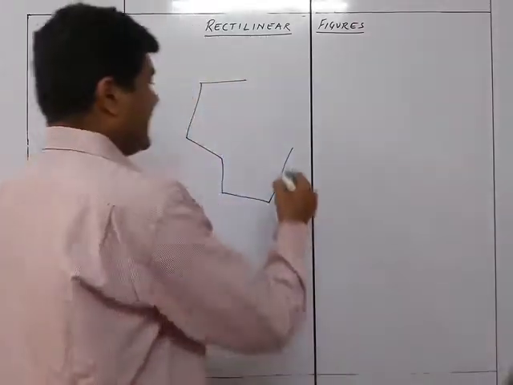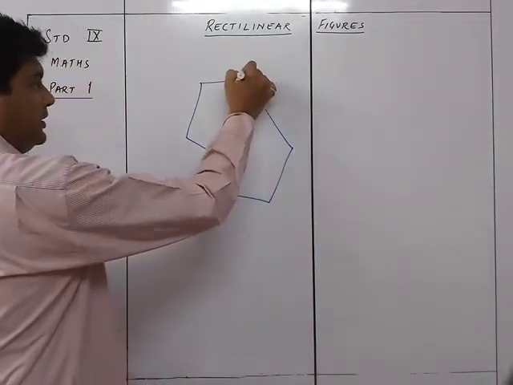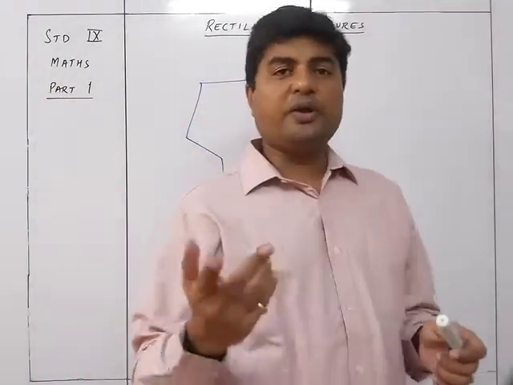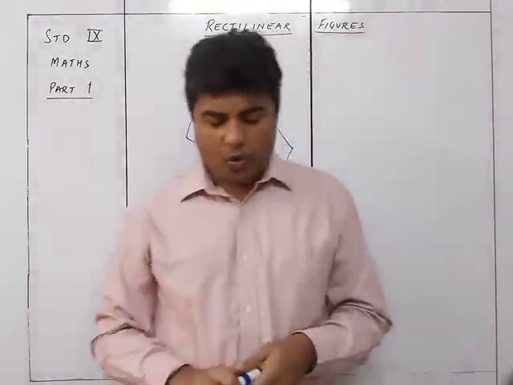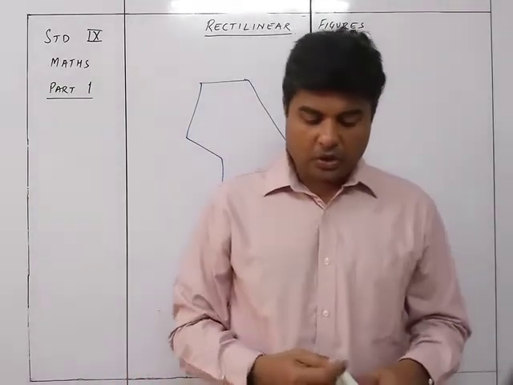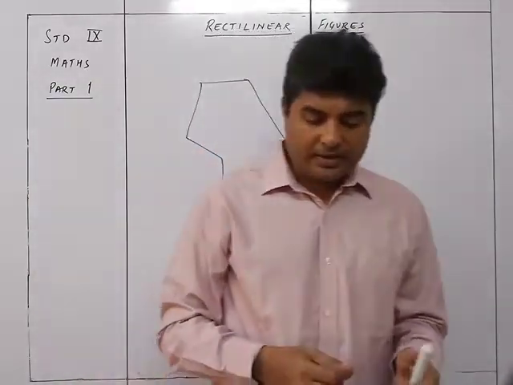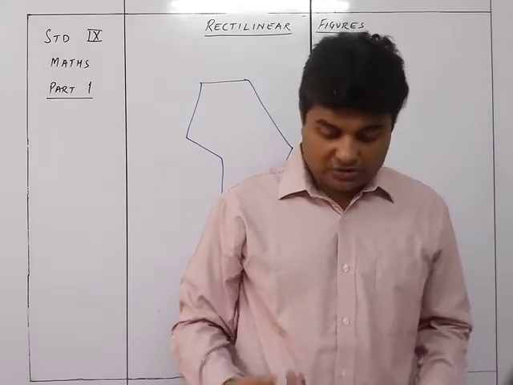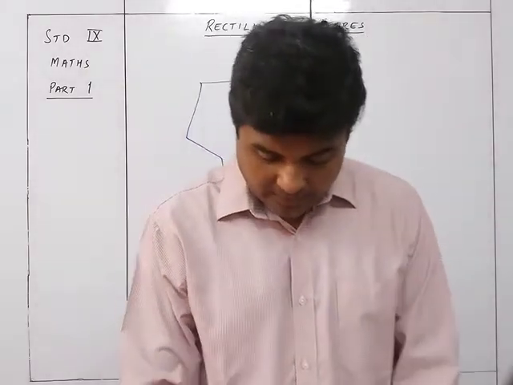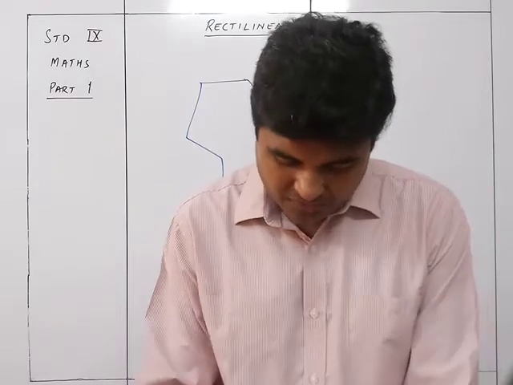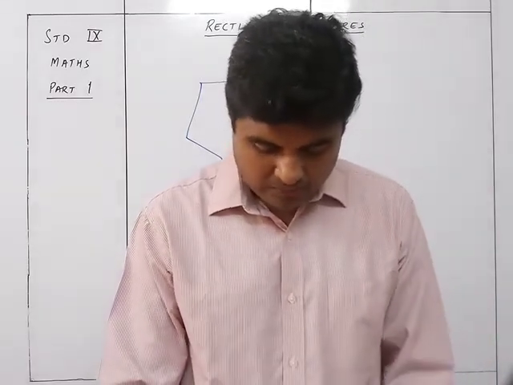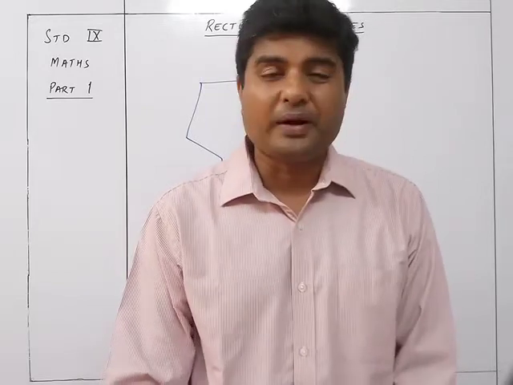Whereas if this line would have been connected over here, then this becomes a closed polygon. So it could be of two types, open and closed. Further, in fact, it is open curve and closed curve.